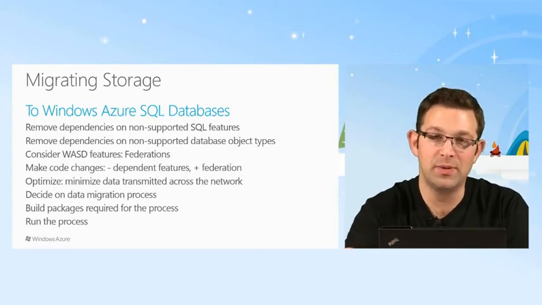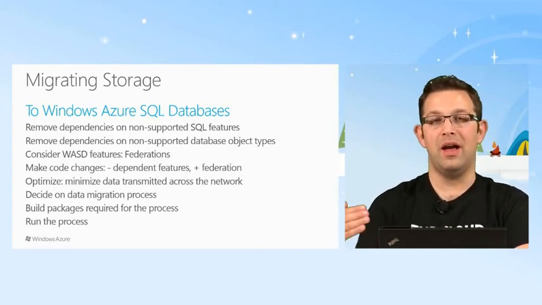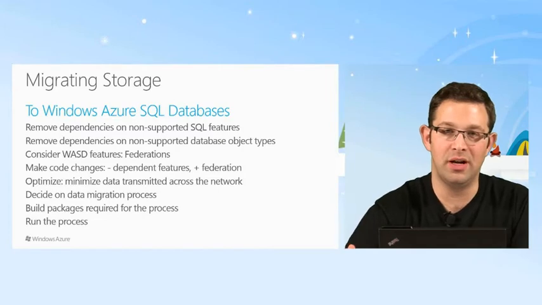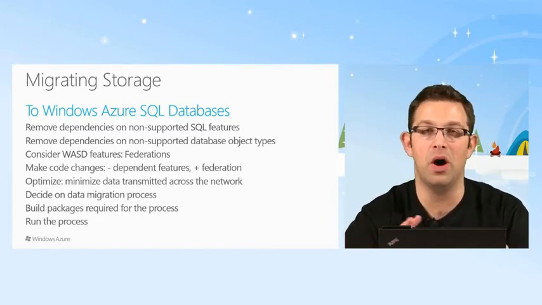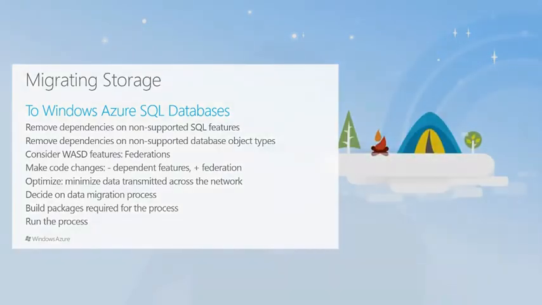Now, next part of that, we think about how do we actually optimize the data transmission, right? Because what we want to make sure is that we keep things minimal across the wire, if you will, even if it's between, I should say, internal to the data center. So between the Windows Azure SQL database and your application, which is technically within the Windows Azure data center.